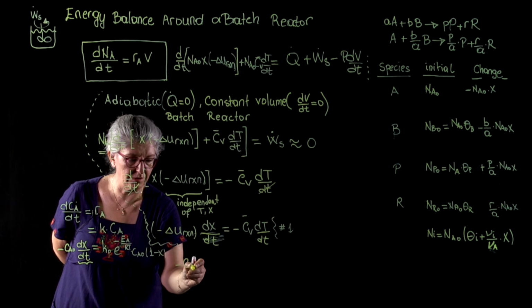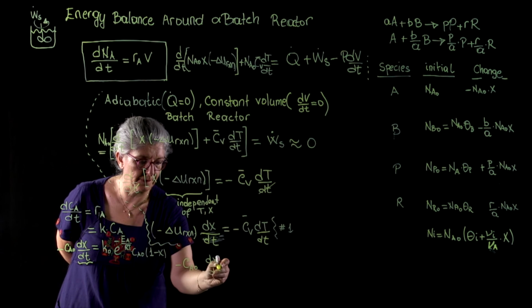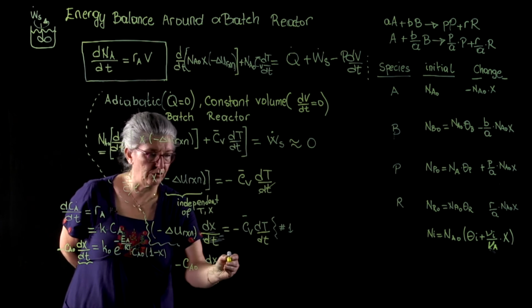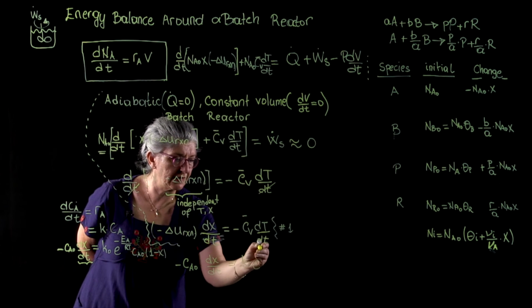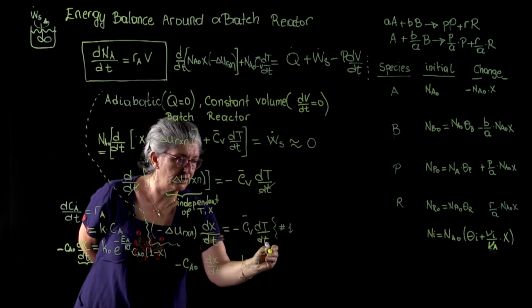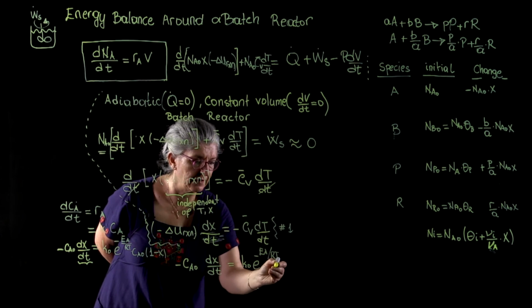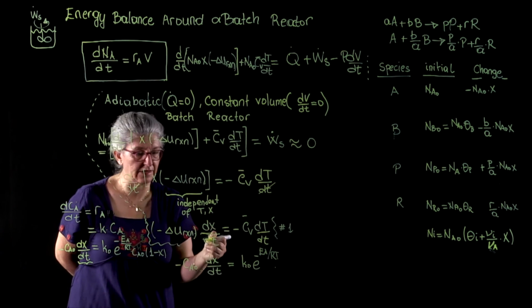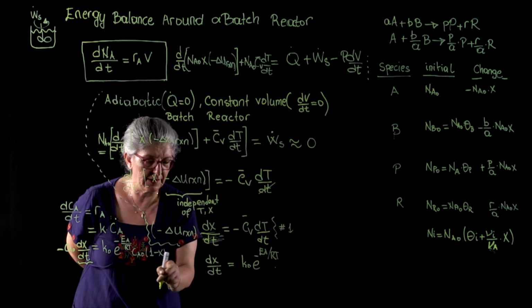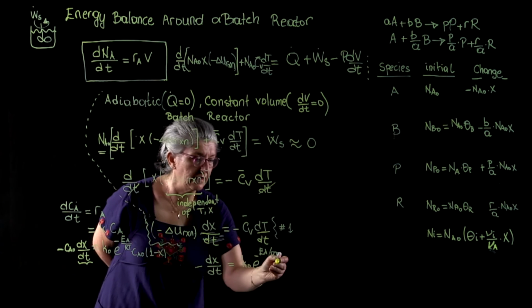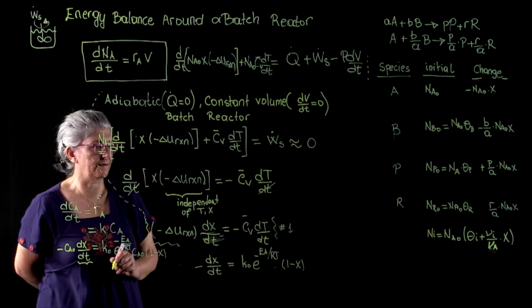Minus Ca0 dx over dt is equal to K0 e to the minus Ea over RT times Ca0 times 1 minus x. In fact, the Ca0s cancel, so I will erase them.